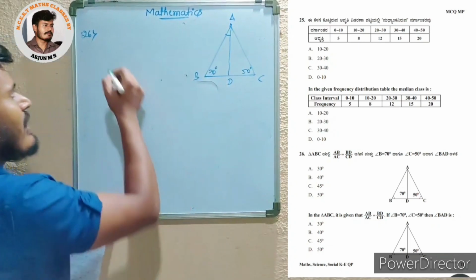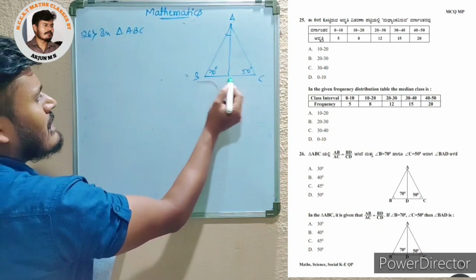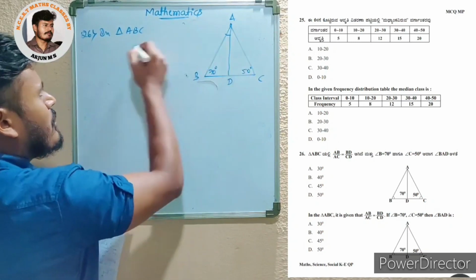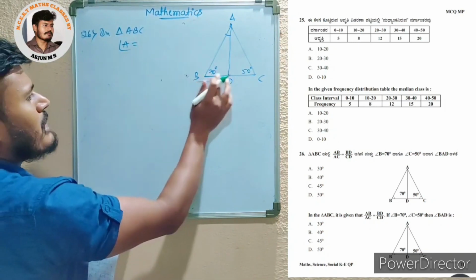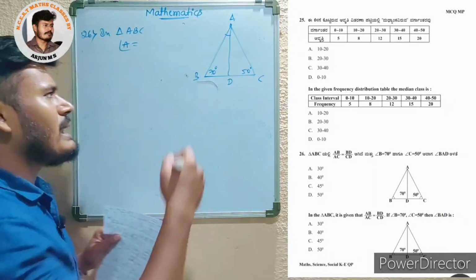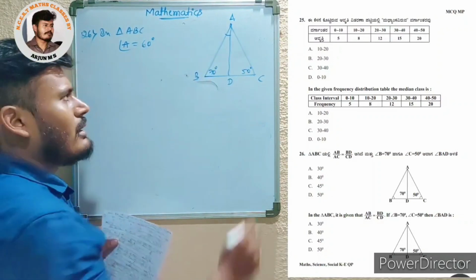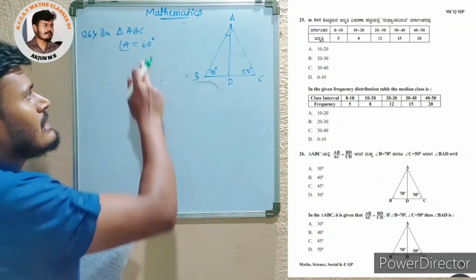According to the angle sum property of a triangle, in triangle ABC, angle B is 70 and angle C is 50. Then what about angle A? 70 plus 50 is 120, 120 plus 60 is 180 degrees. So angle A is equal to 60 degrees.